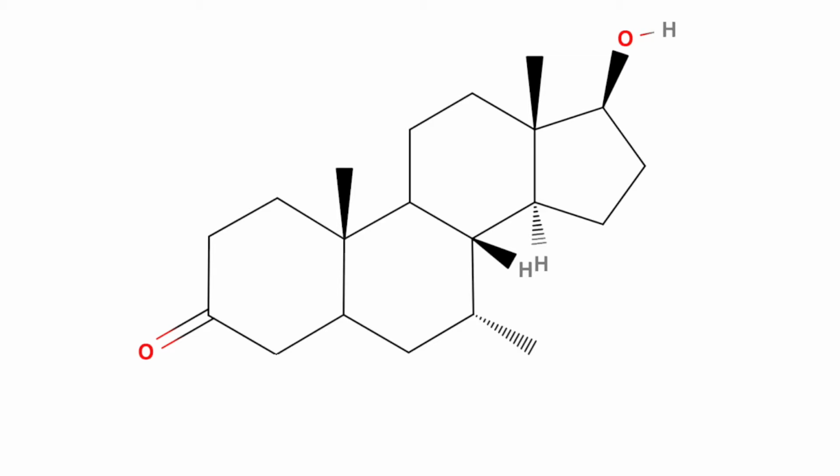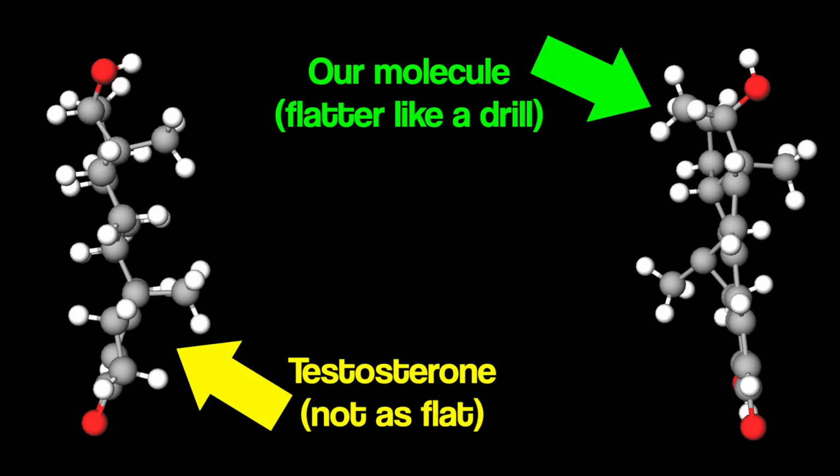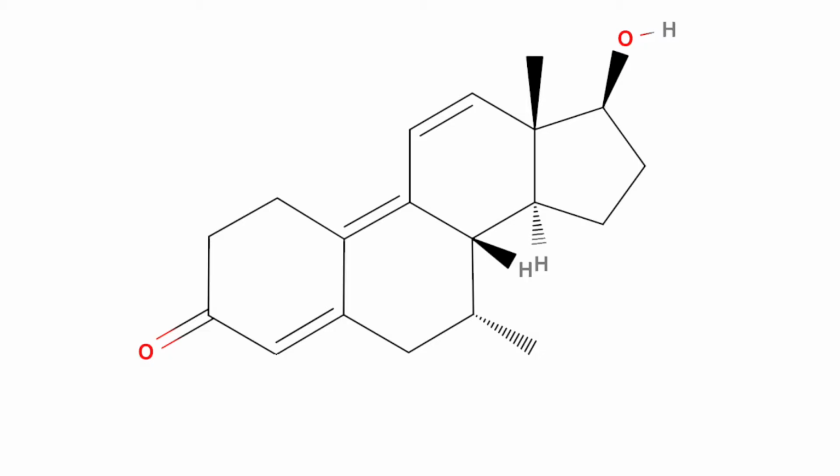We've removed the carbon 19 methyl group. We added double bonds all the way up the backbone to make the entire molecule flatter and more anabolic. We added a double bond from carbons 1 to 2. The most important part, we added a methyl group at C17, which makes it orally active and increases anabolic activity hugely. And we added an OH group, oxygen to hydrogen group, at carbon position 4 for anabolic activity.